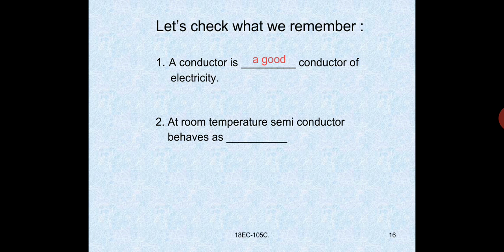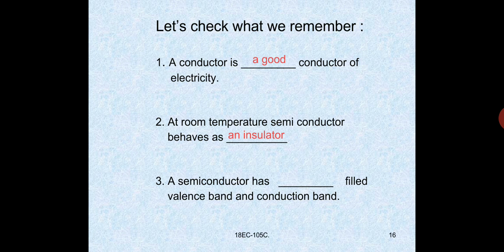At room temperature, a semiconductor behaves as an insulator, because it has about 1.1 electron volt forbidden gap. A semiconductor has dash filled valence band and conduction band. Full, empty or partial? It is partially filled, both the valence and the conduction bands.